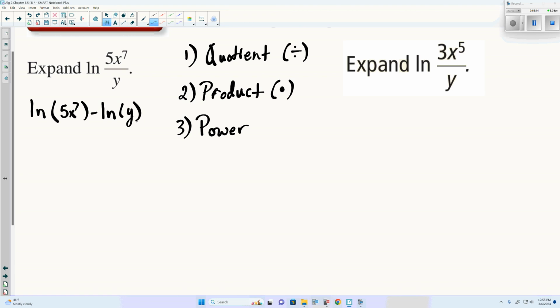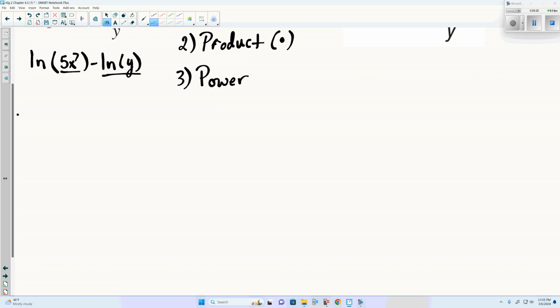Okay, so there's no more division. We've taken care of the quotient property. Now our product: well, natural log of y is already by itself. We won't apply it to it. But our first expression, 5 times x to the 7th, we have two things being multiplied together inside the log, so we can rewrite it as addition. So it'd be the natural log of 5 plus the natural log of x to the 7th. So we'd put an extra log in for each one.